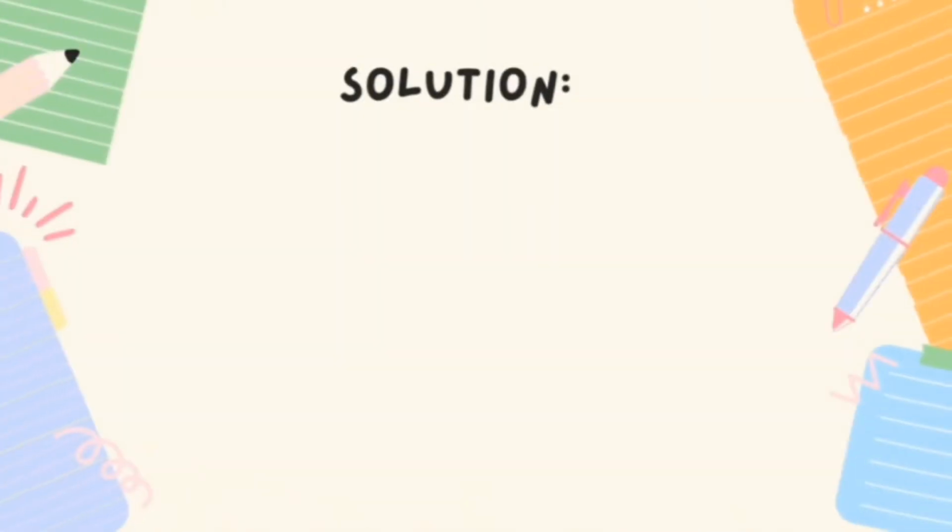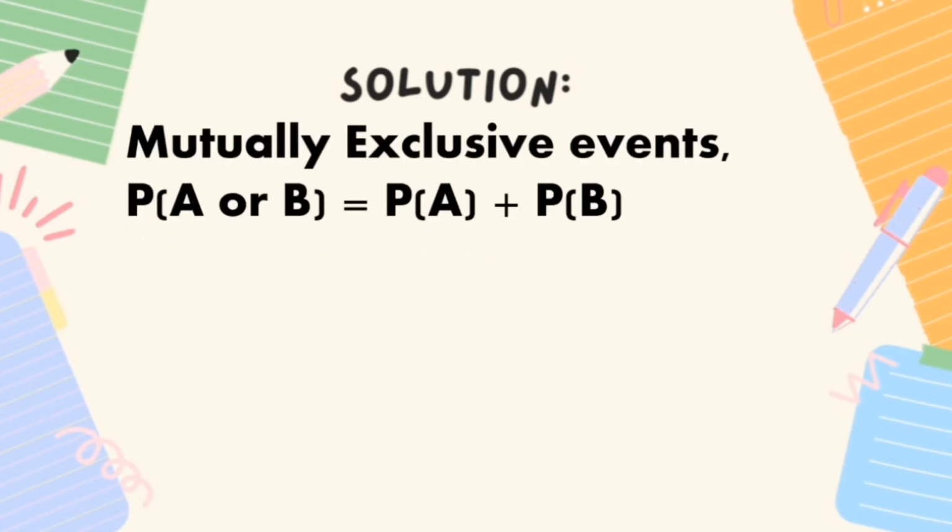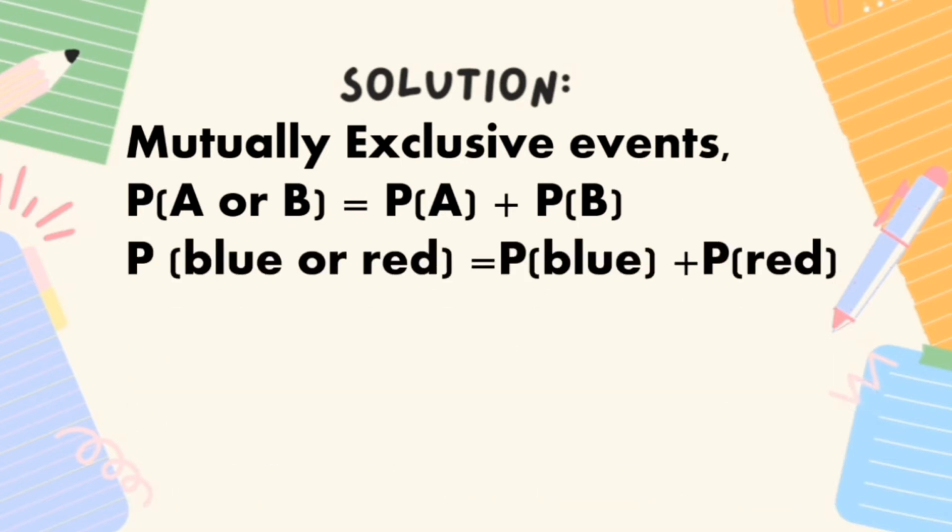In this problem, we can say that the event of getting a blue shirt and the event of getting a red shirt cannot occur at the same time. These events are called mutually exclusive events. To find the probability of mutually exclusive events, we will find the sum of their probabilities. In symbols, probability of A or B is equal to the probability of A plus the probability of B. Here, we will find the probability of having a blue shirt or having a red shirt.